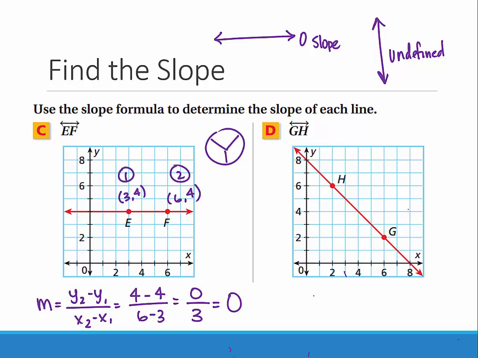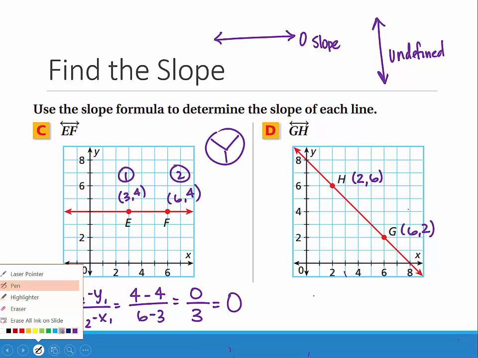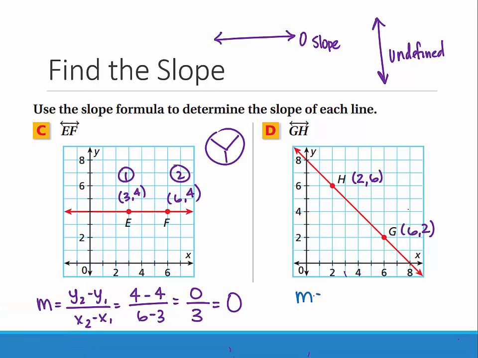And now this last one. We have 2, 6, and then 6, 2. When we plug this in, let's call this point 1 and this point 2. Remember, it really doesn't matter. I'm going to do 2 minus 6 on the top, divided by 6 minus 2 on the bottom.